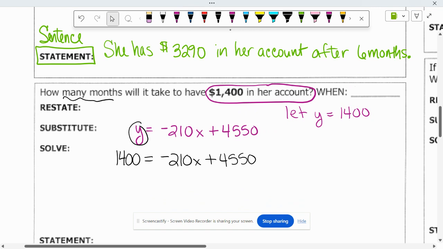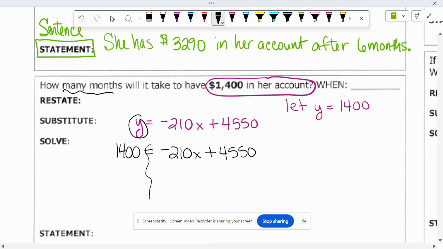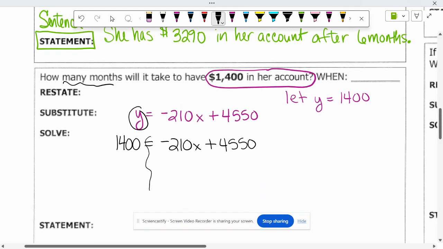So Trinity, if you were going to solve for x, what would you do first? What would you move away from the x side of the equation? Subtract 4,550 from both sides. Can you grab your calculator and tell me what you get when you do that?